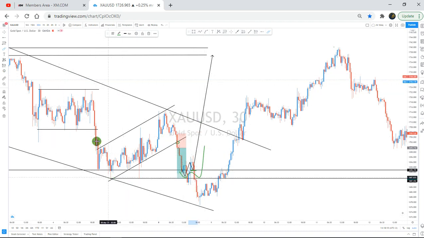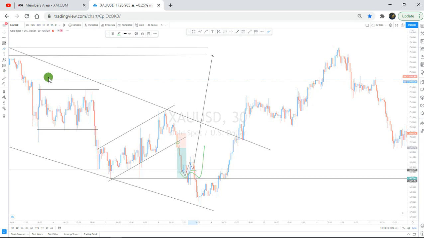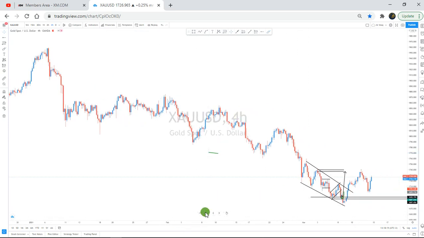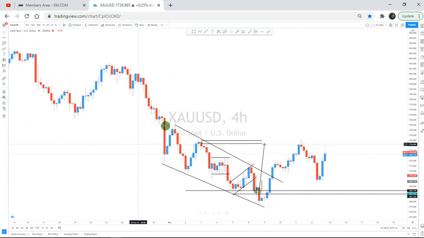So I said, okay, I went to a higher time frame. As you can see, I had this trend line which connected this one, two, three. So this was the third. So the fourth touch here.